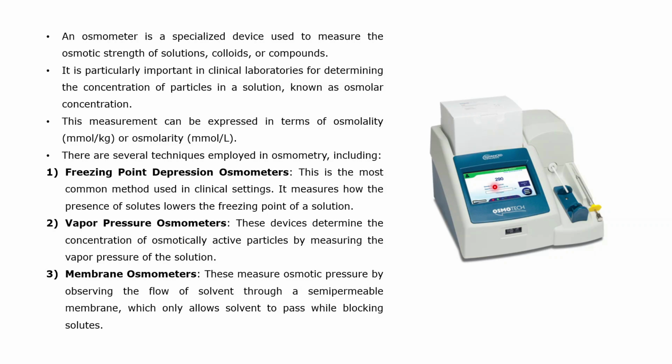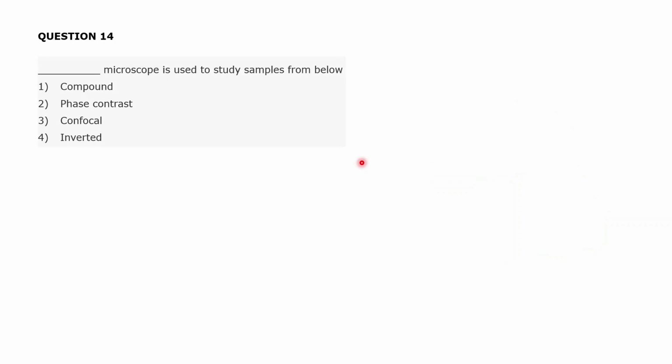You can see that 290 is written there. 290 milliosmoles per kilogram is the value of the solution being analyzed in the instrument. I think this is clear, and I will move on to the next slide.